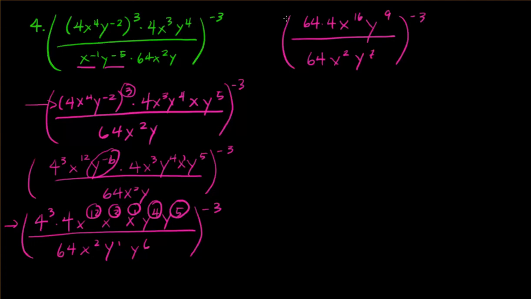Now, here we can actually multiply 64 times 4 and then simplify it with the 64. But why do we need to do that? Okay? We could just simplify 64 and another 64 as 1. We can do that. I mean, these are the factors of whatever we're going to multiply, and it's going to become 256, but those are the factors.